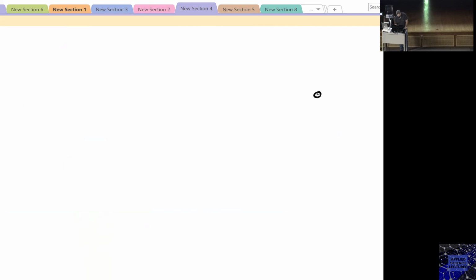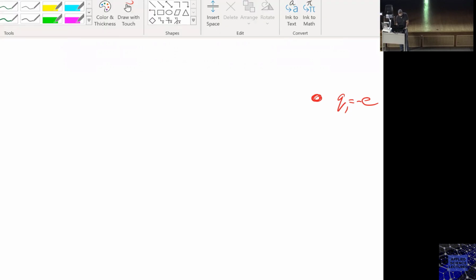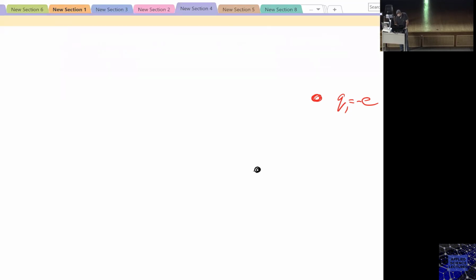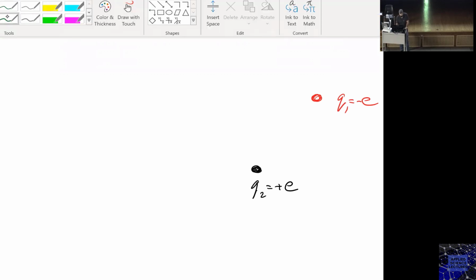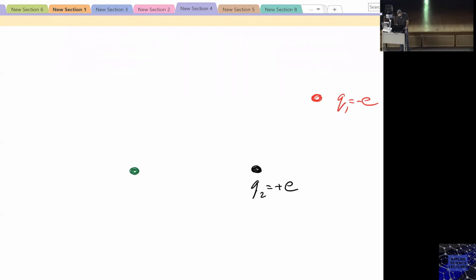So the electron, I will make red. The electron here is Q1, minus E. Then I have the proton, Q2, plus E. And then I have the alpha, I'm going to call it Q3, and it is plus 2E, equivalent to 2 protons.